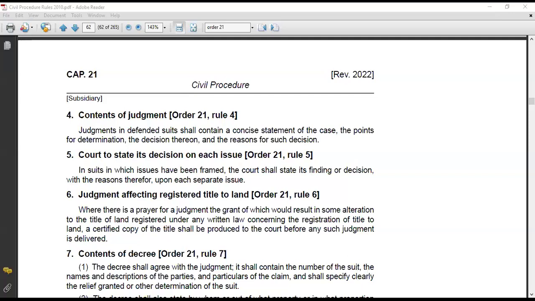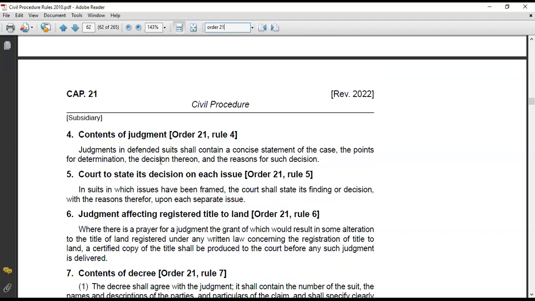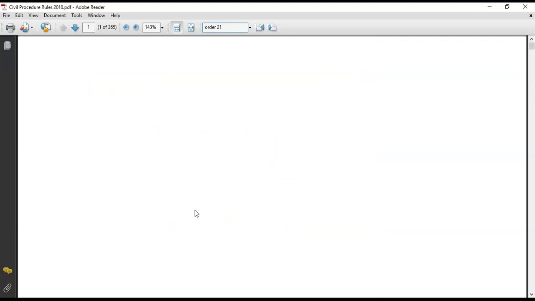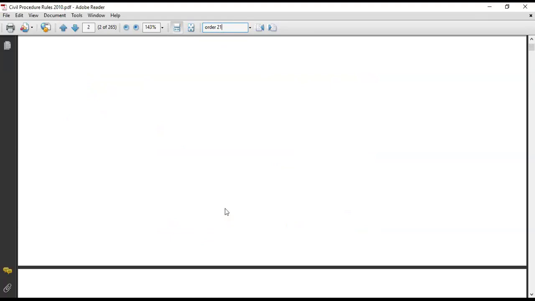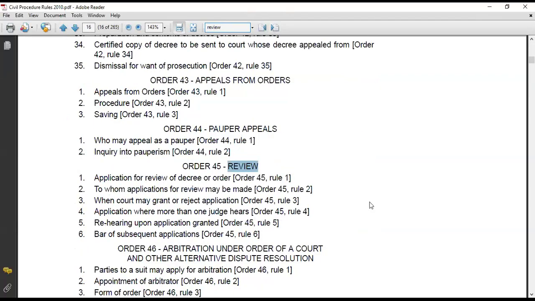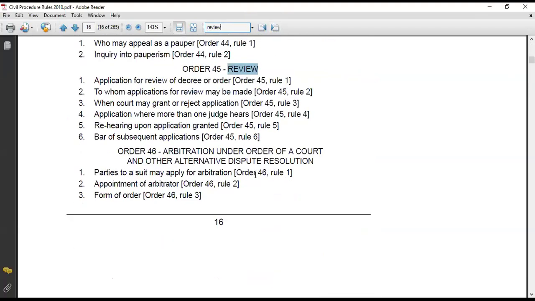So you go back to your civil procedure rules, you go to the order that talks about review. And that order is Order 45. You must know that.